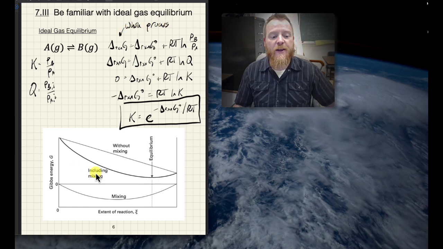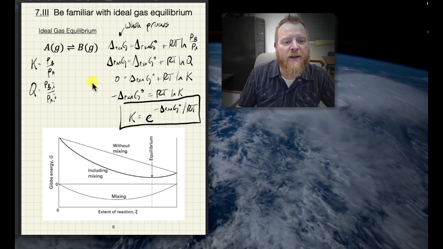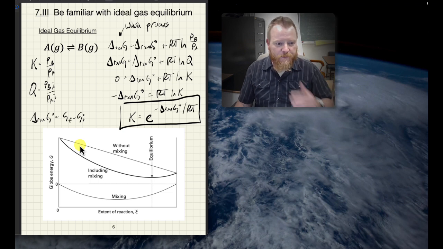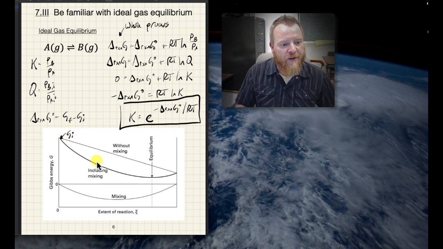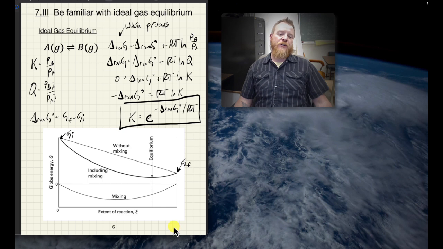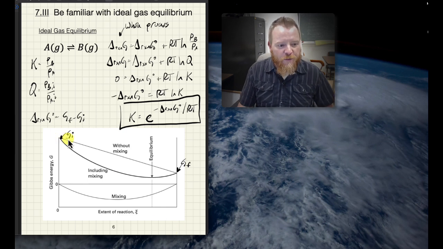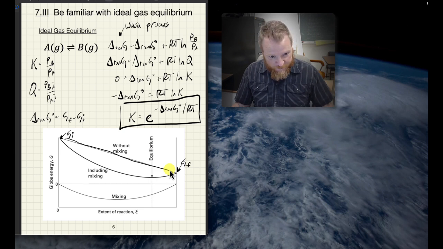Now to see what I mean about this thing referring to the whole process, here is a figure demonstrating just that. If we think about delta G as being related to G final minus G initial, that shows us this simple line here without mixing. That would be my initial free energy, and that would be my final free energy, and all we get from that is just this simple line, because it's a state function.